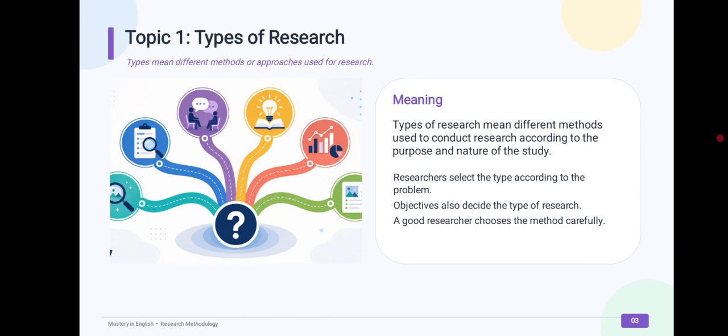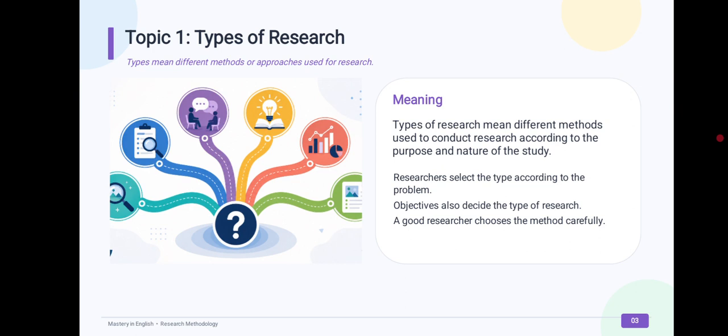Now let us understand the meaning of types of research. Students, all research studies are not the same. Different research problems require different methods. For example, sometimes researchers want to gain knowledge and sometimes they want to solve practical problems.